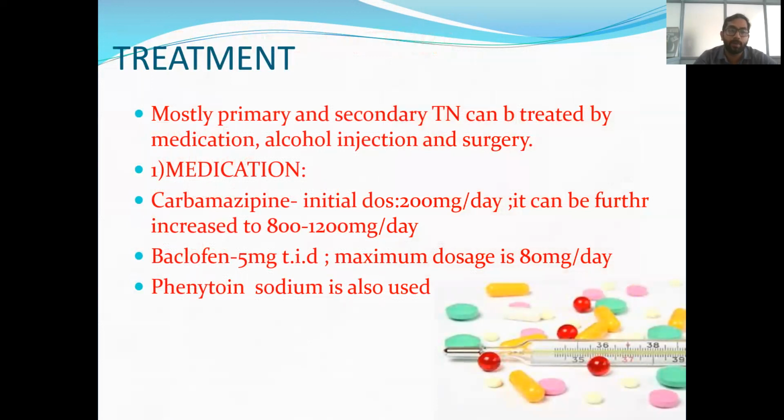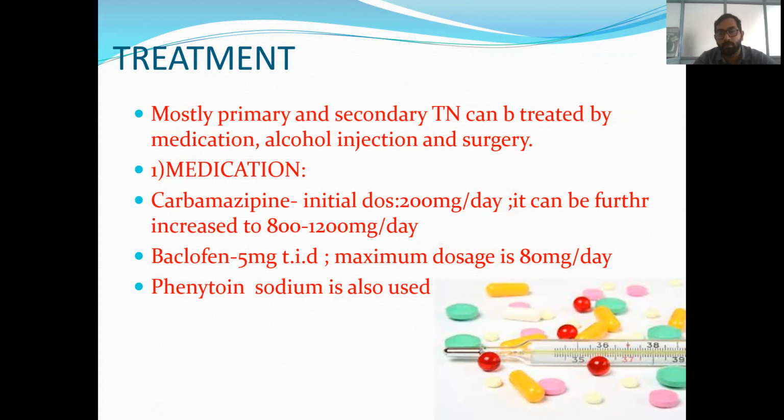Moving on to the treatment plan, primary and secondary trigeminal neuralgia can be treated by medication, alcohol injection, and surgery. For medication, carbamazepine has an initial dose of 200 mg per day, which can be increased to 800 to 1000 mg per day. Then baclofen, 5 mg TID, with a maximum dosage of 80 mg per day.